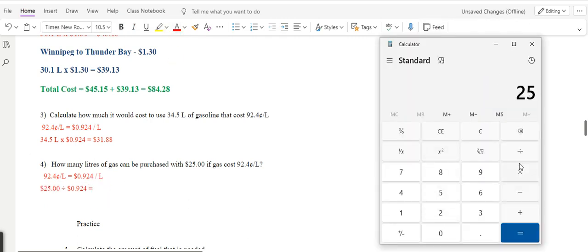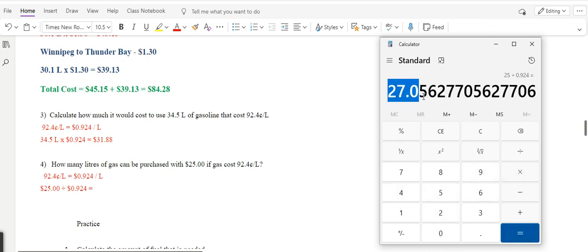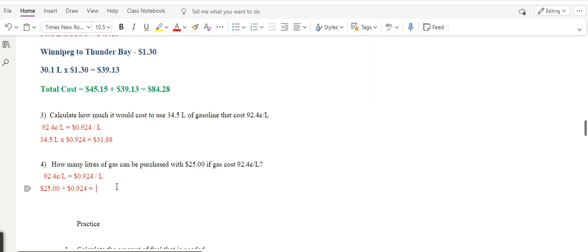And so 25 divided by 0.924, that's going to give us 27.056 something. We'll take 3 decimal places because it's fuel, but it's not the end of the world if we miss one. Okay.